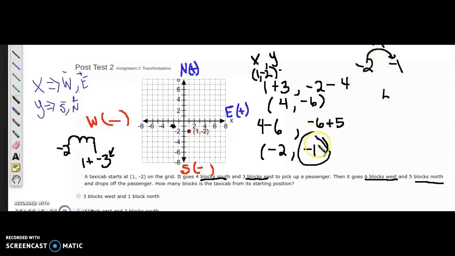So on the y-axis, if I'm going positive, it means I'm going north, and if I'm going 1, it means I'm going north 1 block. So this is the answer here. I hope that makes sense. And I suppose if you did it after you plotted the points, then you would find your 3 blocks west and 1 block north.